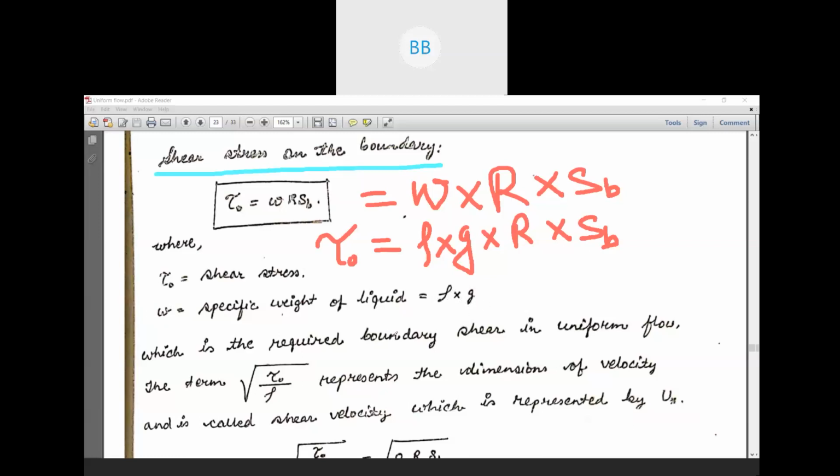Then you write this paragraph, which is required for boundary shear in uniform flow.